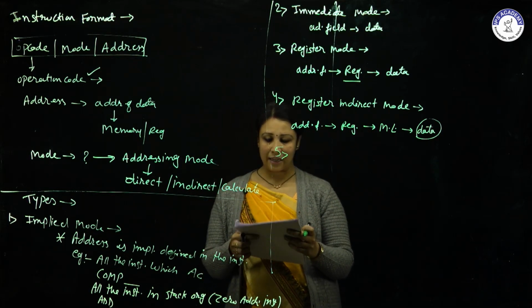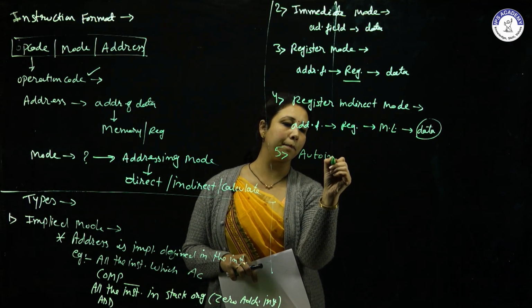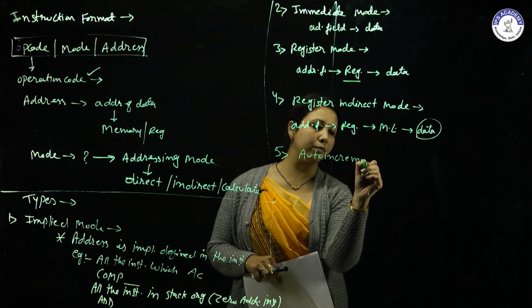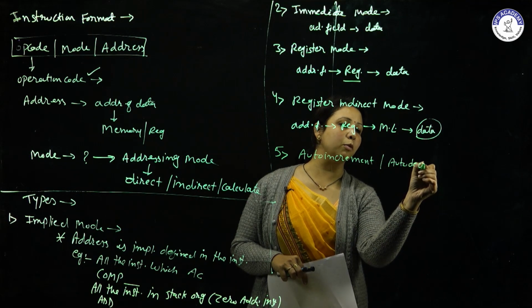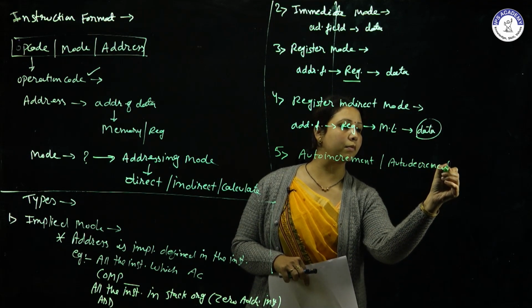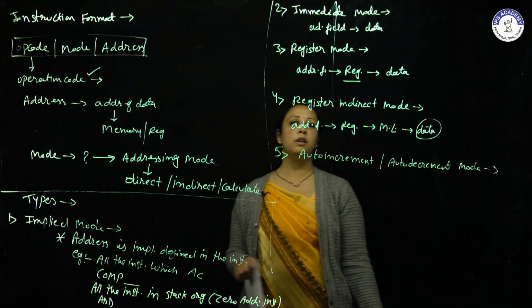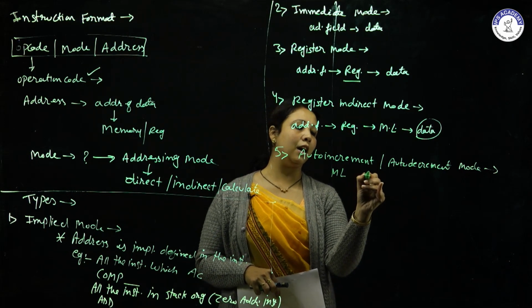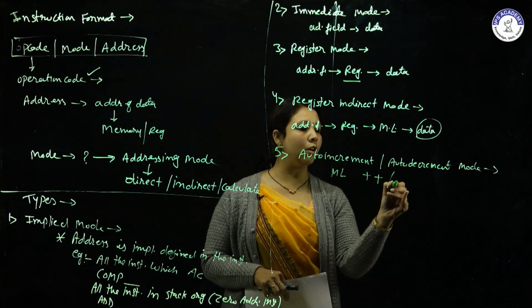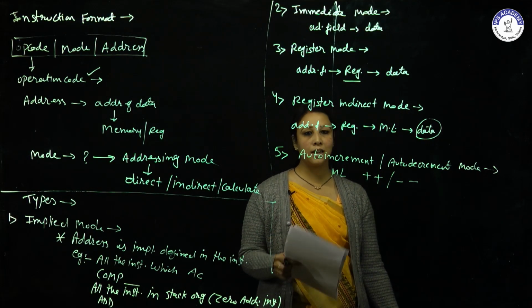Now the next addressing mode is auto increment or auto decrement mode. Auto increment or auto decrement mode tells us we have to update this memory location. Either we have to increment or decrement this memory location, and then we have to access the data.